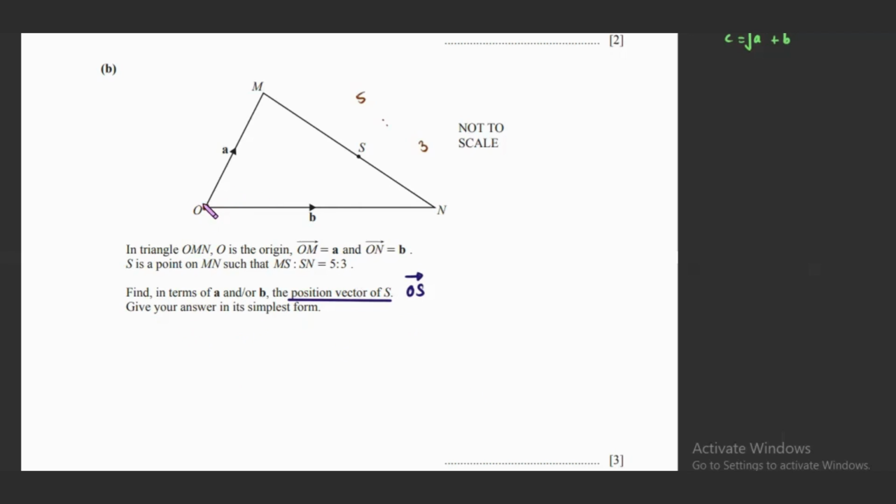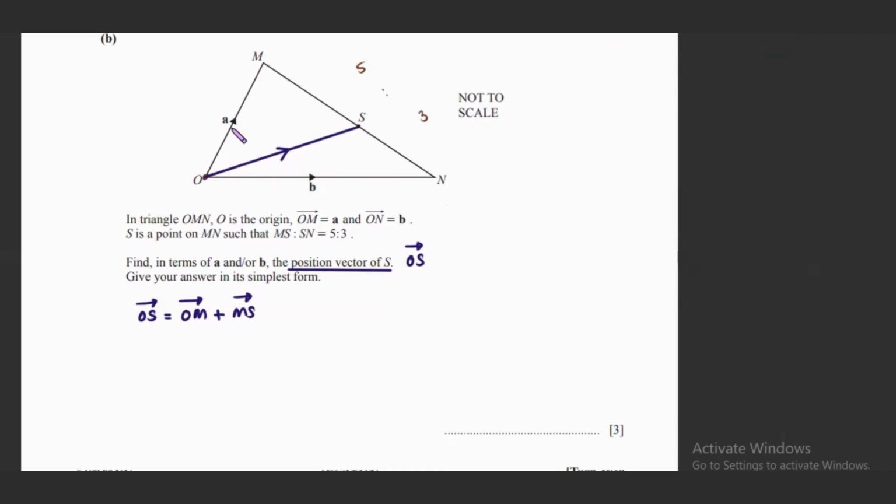To find O to S, first I'm going to connect O and S. The route that I would take to reach from O to S will be O to M and M to S. So O to S is the same as O to M and then M to S.